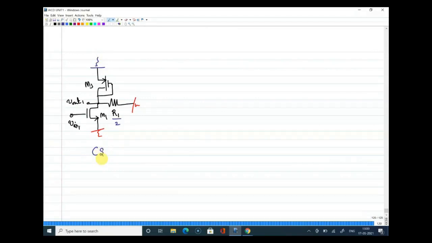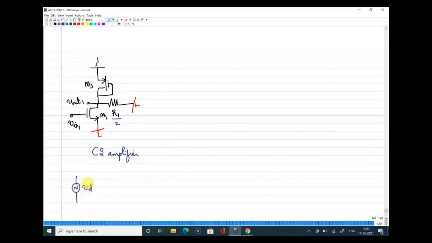Now this is a CS amplifier, so I can definitely write the relation between output and input. And one more thing, previously when I said that the input is anti-symmetric, there is a differential voltage coming in. That differential voltage can be considered as VID.